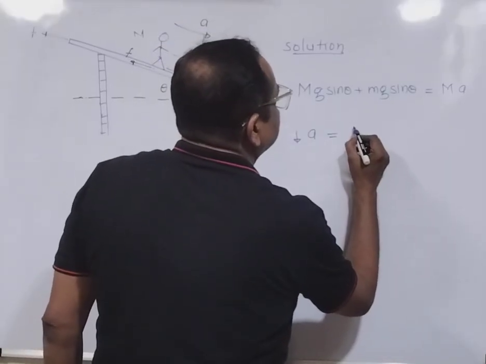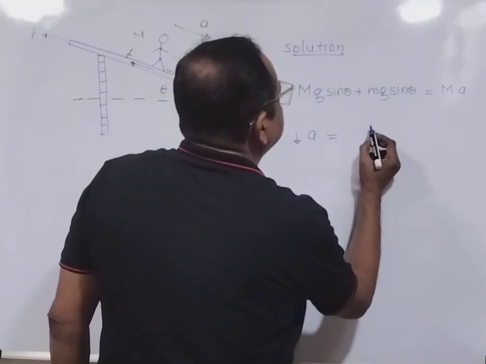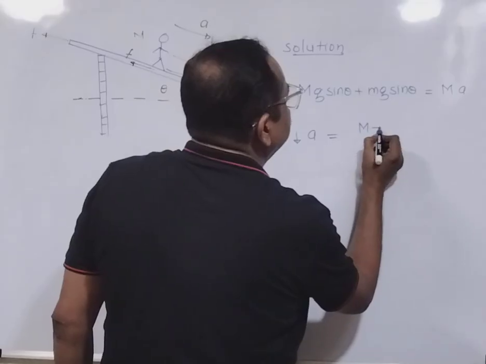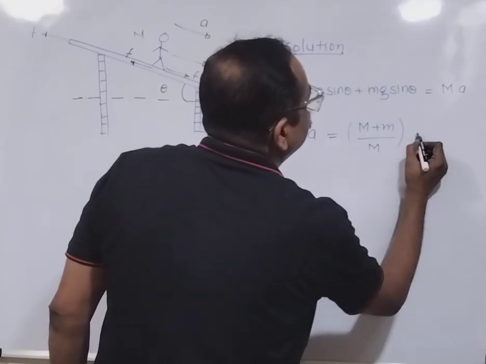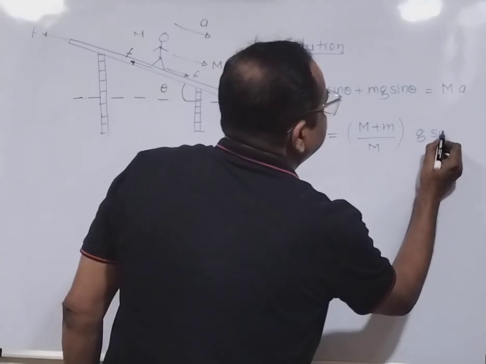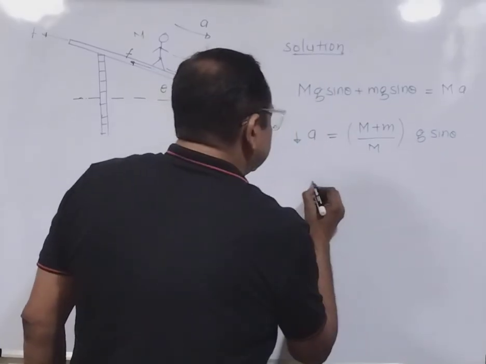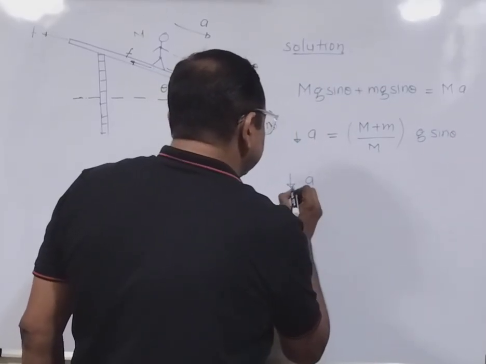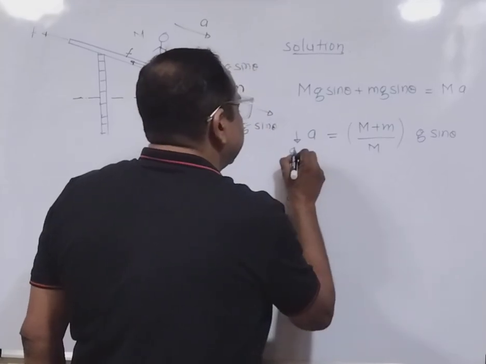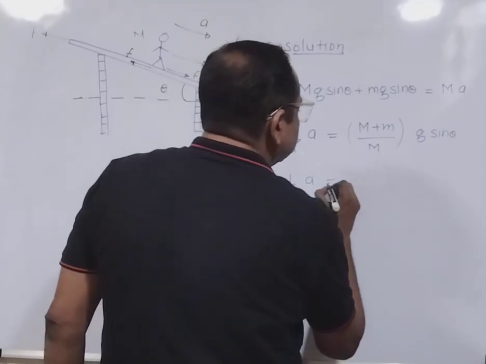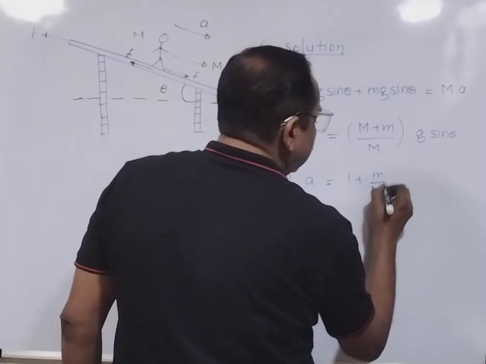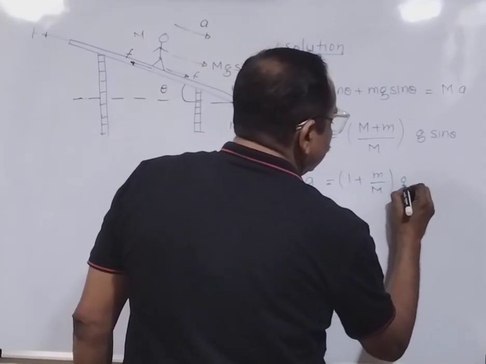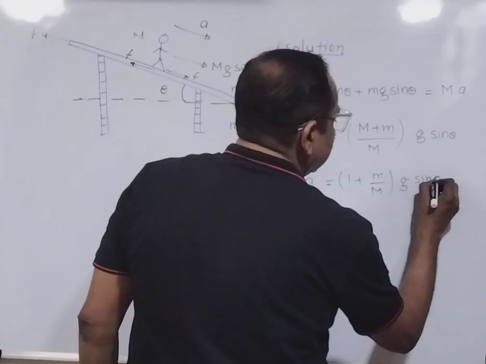If you take g sin theta common, that is (M plus m) divided by capital M into g sin theta, the acceleration has to be in the downward direction, which is equal to (1 plus small m upon capital M) into g sin theta.